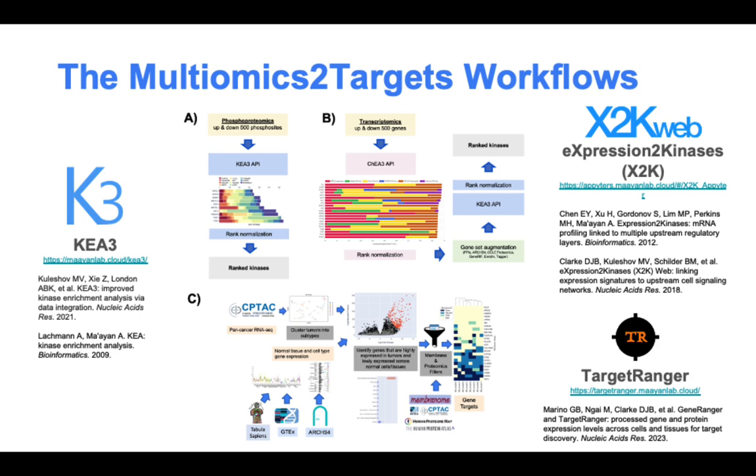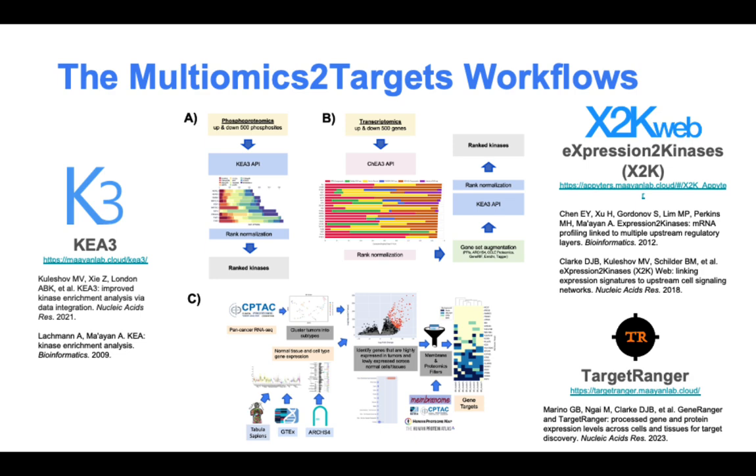So the workflows that are involved in this pipeline are, we have 3 different omics that we're using: phospho, transcriptomics, and proteomics. So in the phosphoproteomics component of this approach, we take the up and down regulated phosphosites, and we use KIA3, which is an enrichment analysis tool for kinase substrate interactions, to rank the kinases most likely responsible for those up and down phosphosites.